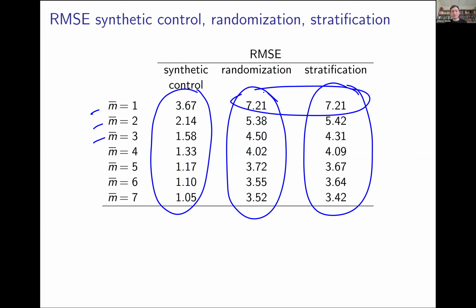So with one treated unit, stratification is not different from randomization by definition. It can be different when you have more than one unit, but what we have seen is that in fact it doesn't improve much, and sometimes in our simulation it decreases the performance of randomization.